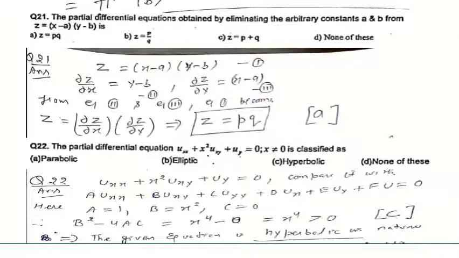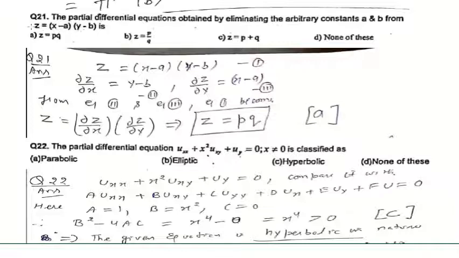Partial derivative with respect to x is y minus b. Partial derivative of this with respect to y is x minus a. So substitute this at the place of y minus b, substitute this at the place of this. So now your equation becomes free from a and b. So this is z is equal to pq. First option is the correct option.